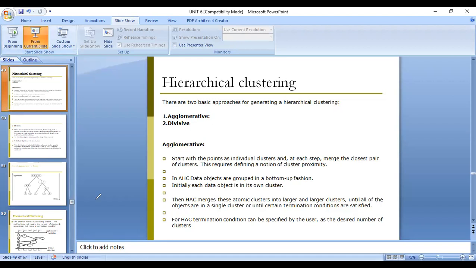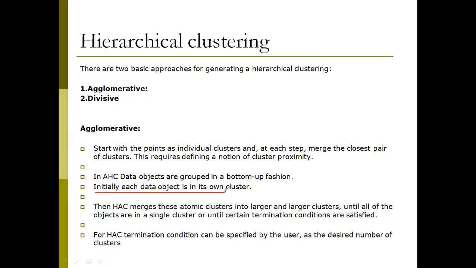Initially, each data object is in its own cluster, which means a single data object is one cluster. This is also called exclusive clusters. In exclusive clusters, we form each individual object as one group or one cluster.